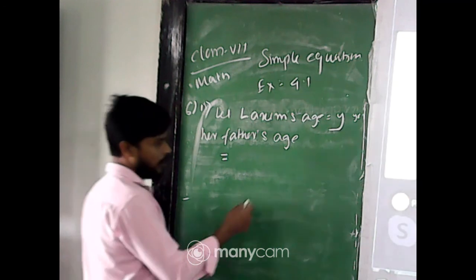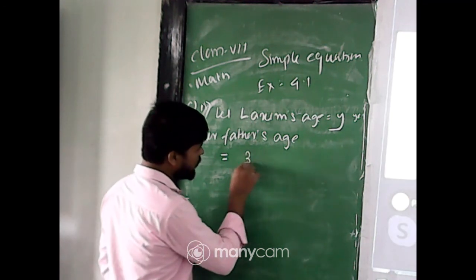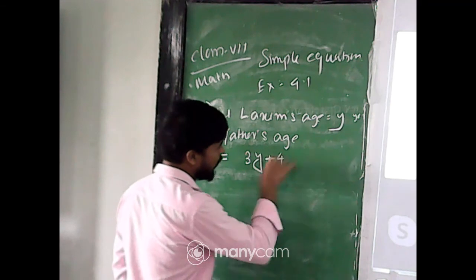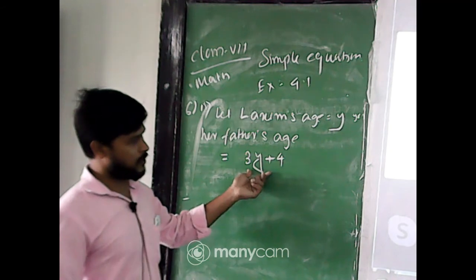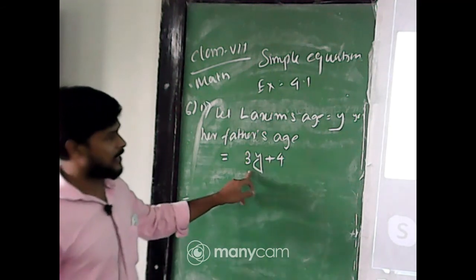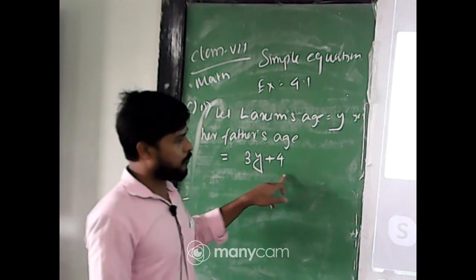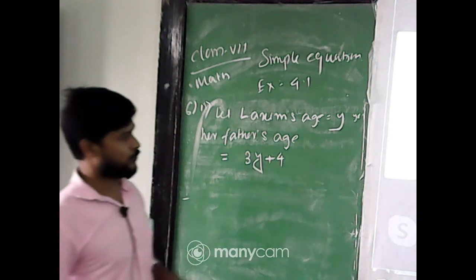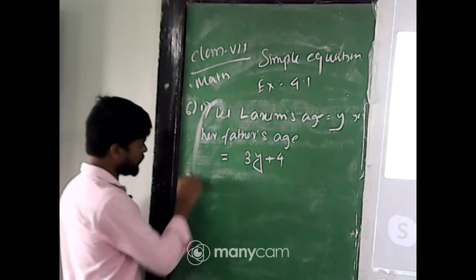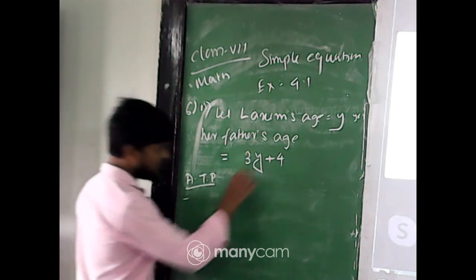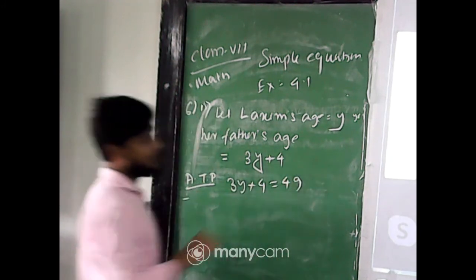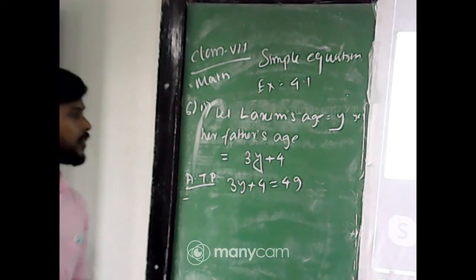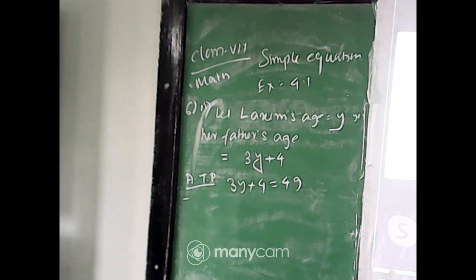That means her father's age will be 3 times of Lakshmi's age plus 4. 3 times of Lakshmi's age is 3y and increase it by 4. So 3y plus 4. So according to problem, this term 3y plus 4 will be equal to 49, because it is given that Lakshmi's father's age is 49 years. So 3y plus 4 is equal to 49 and solve.